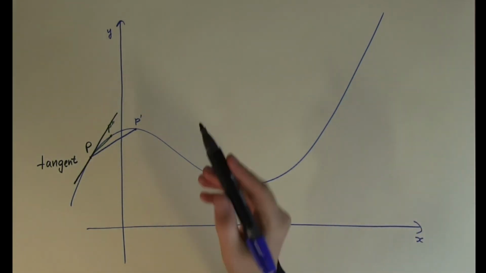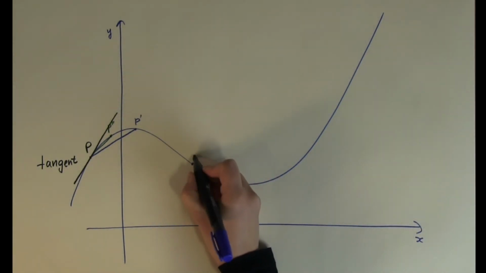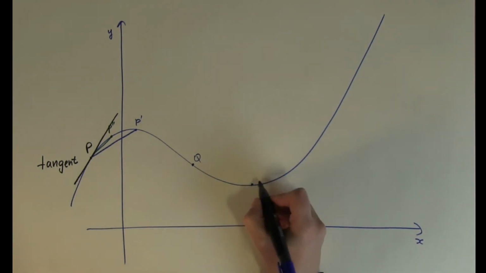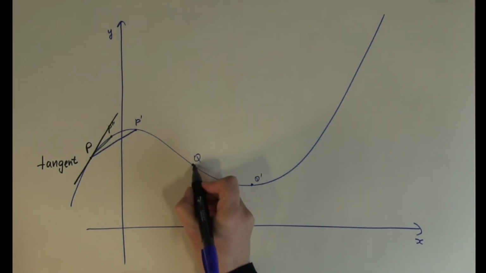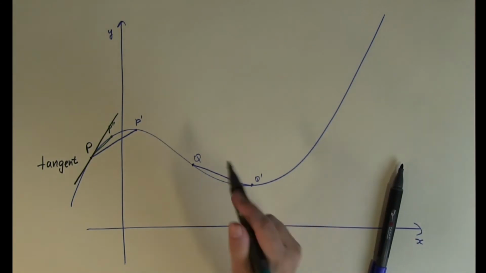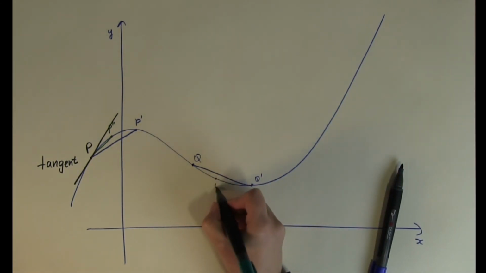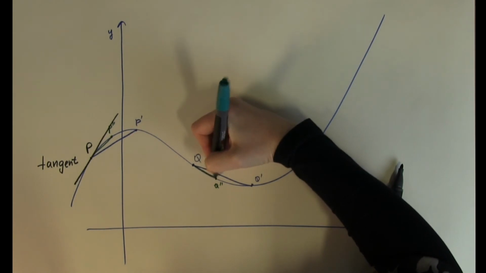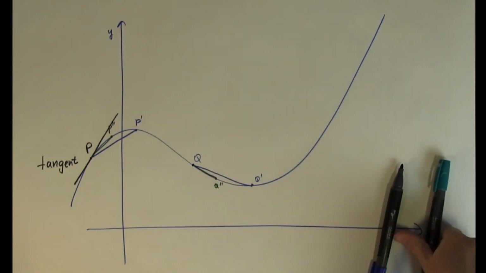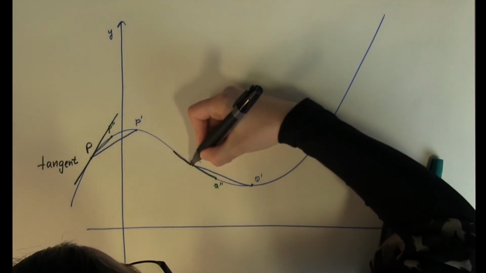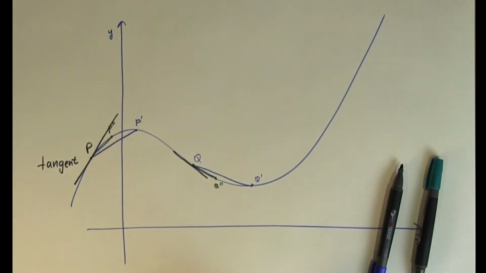Let's say pick Q here. Well, I can go through the exact same thought process. I can pick a point here. I can say that's Q prime, describing the change. But I can bring it closer, Q double prime, and that will be again a better approximation. But the best way to describe the change at Q will be the tangent at Q.